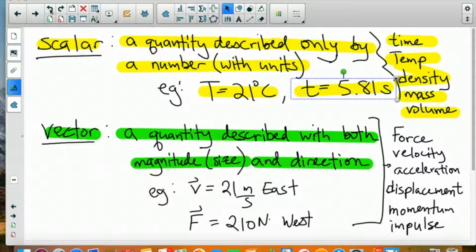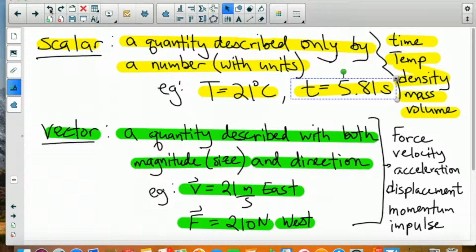The direction makes it a vector. So you might have seen in the past, we have velocity, and for an example, that would be 21 meters per second east. So the speed is 21 meters per second, and the direction is east, so velocity is 21 meters per second east. Or force, 210 newtons, and then west.